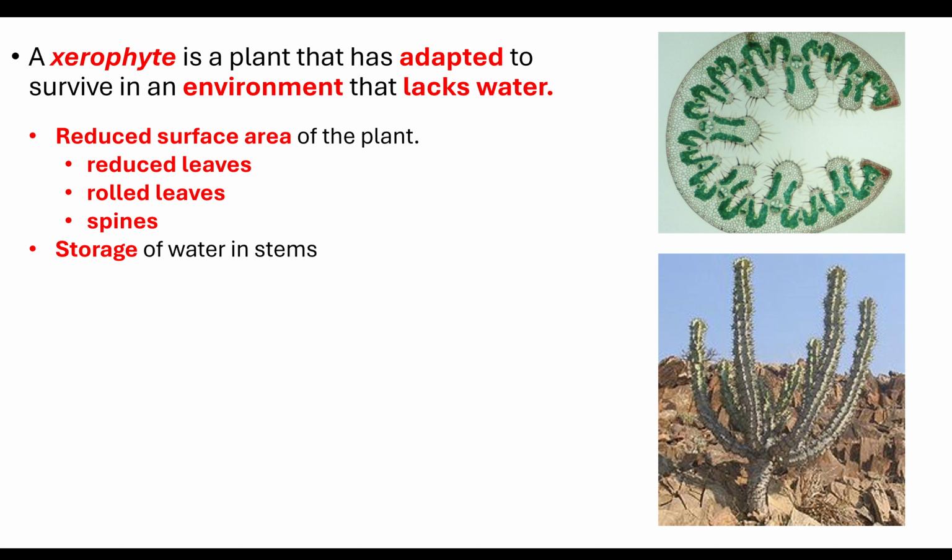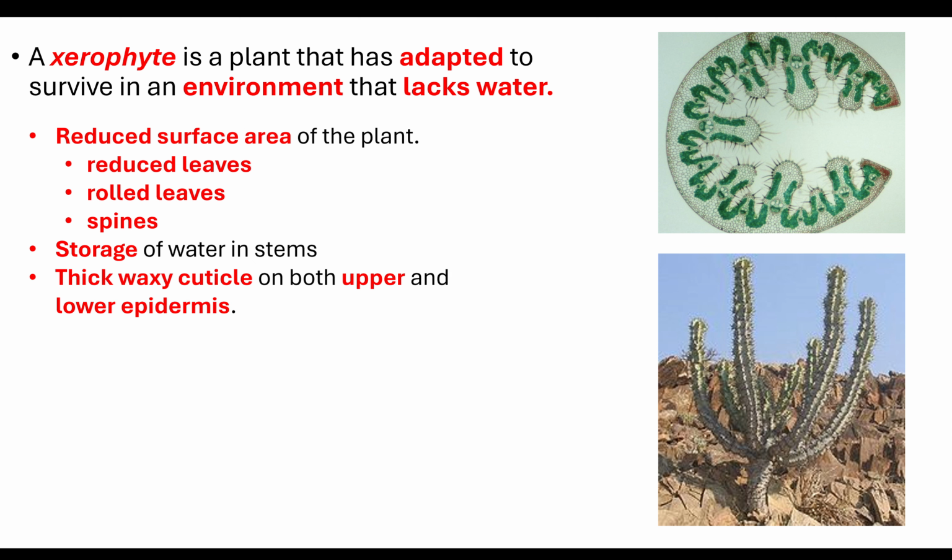So if you've ever broken a section of an aloe vera plant, for example, what you will see inside is this fleshy section, and that fleshy section is where lots of water has been stored. We use aloe vera for medicinal purposes because it's got a soothing quality, but this is actually a way in which this xerophyte has stored the water so that if it needs it, it can use it at a later date.